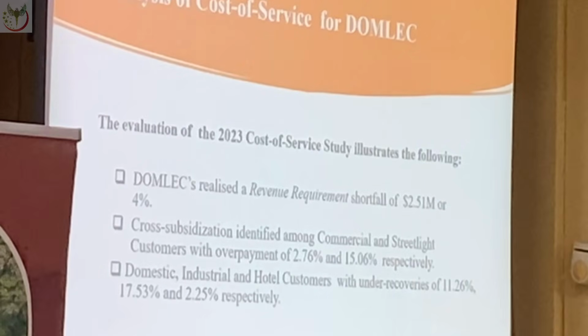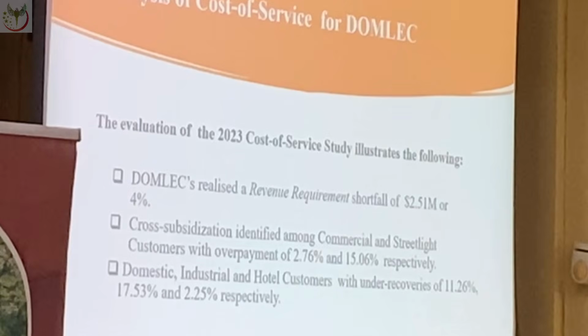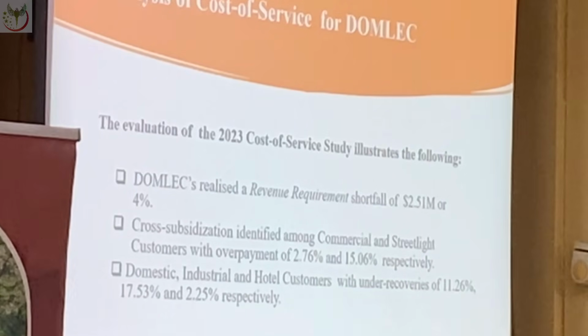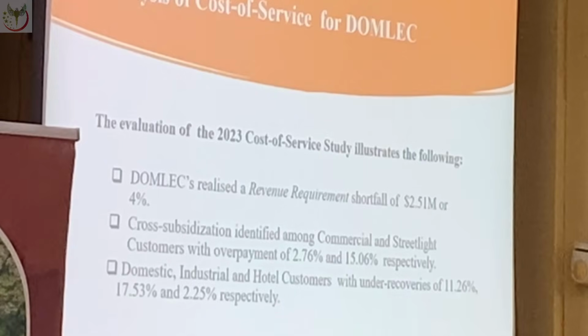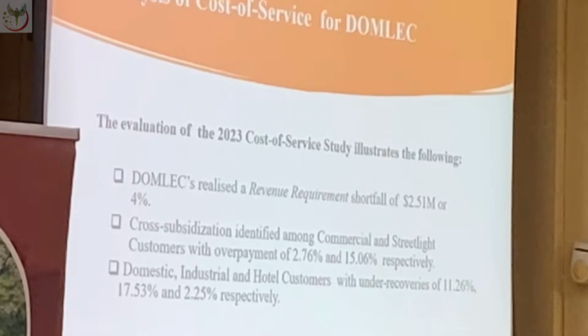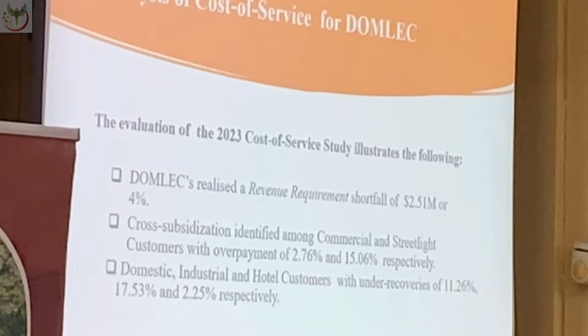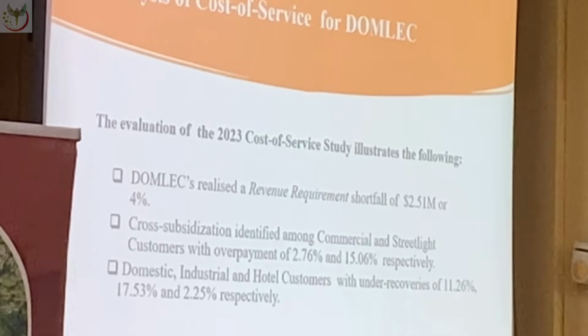Or customer class need to subsidize for that customer category because they are underpaid. If we had to use based on the cost of service study, it would have been more for domestic, industrial and hotel. So we are seeing, therefore, under the existing structure that commercial and streetlight are filling the gap for domestic, industrial and hotel customers.